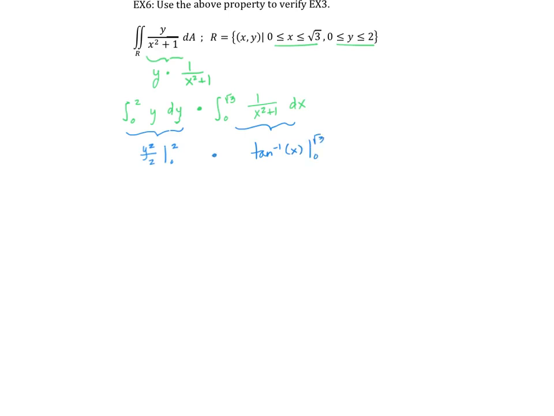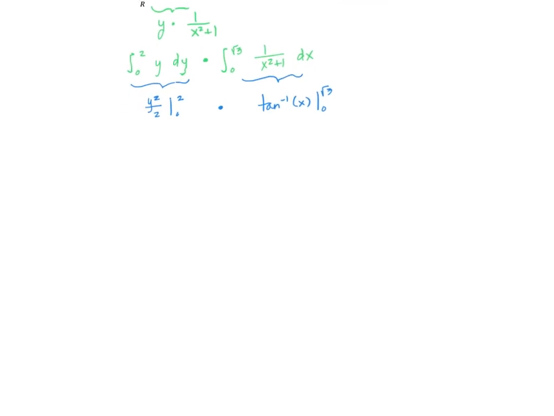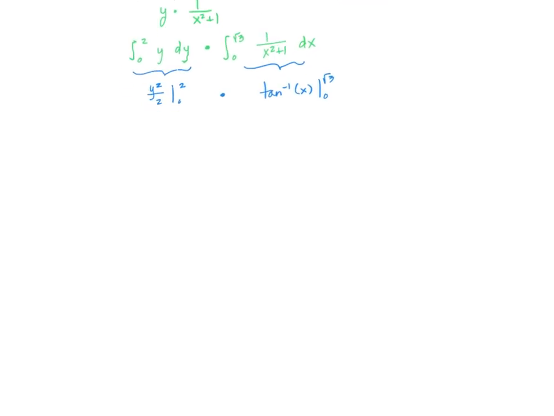So I'm going to go ahead and evaluate them separately and then multiply them. The tangent inverse ended up being pi over 3, sorry. So the first one is 2, and this becomes 2 times pi over 3, which is 2 pi over 3.